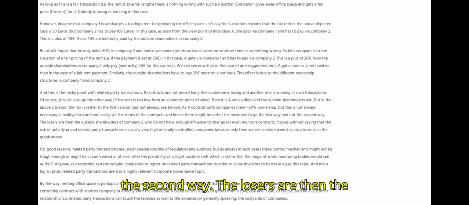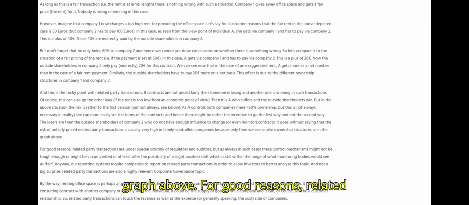The losers are then the outside shareholders of Company 2 who do not have enough influence to change, or even monitor, contracts. It goes without saying that the risk of unfairly priced related party transactions is usually very high in family-controlled companies because only then we see similar ownership structures as in the graph above.